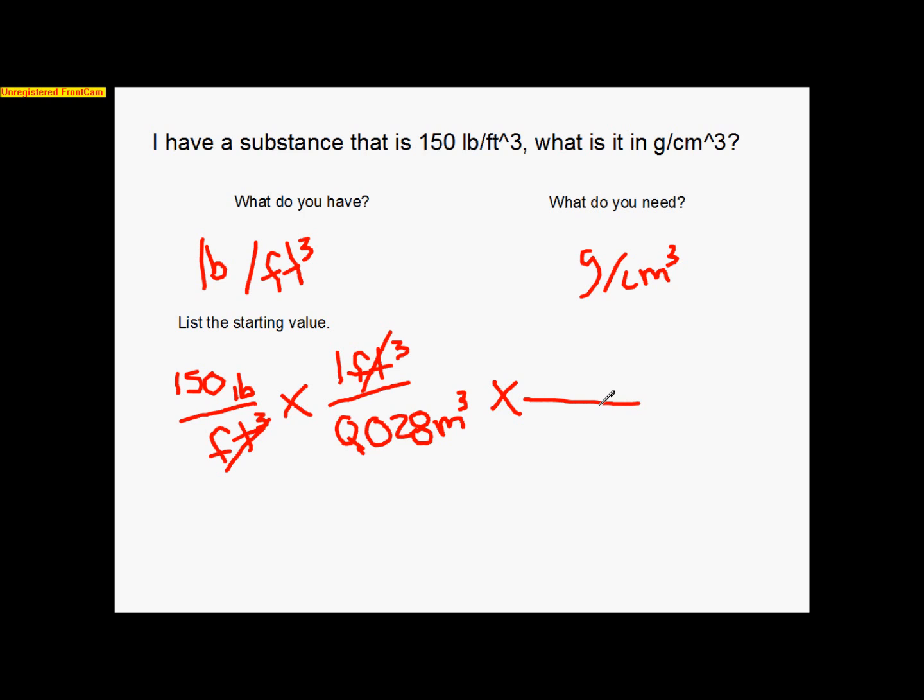Okay, so the next thing I know is that there's 0.000001 cubic meters for every 1 centimeter cubed.